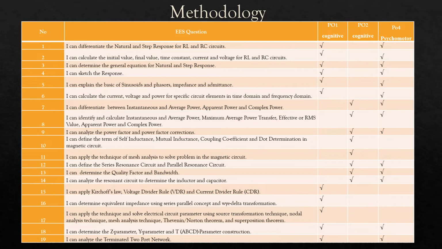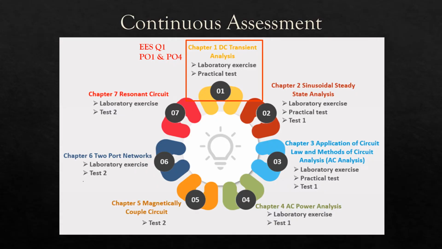So the cognitive domain is basically assessed by using the test and exam. PO4, psychomotor domain, is basically assessed by using the lab work activities. For the continuous assessment, there are 7 topics in this course related to the assessments. For example, topic 1, which is DC transient analysis, has laboratory exercise and practical tests.